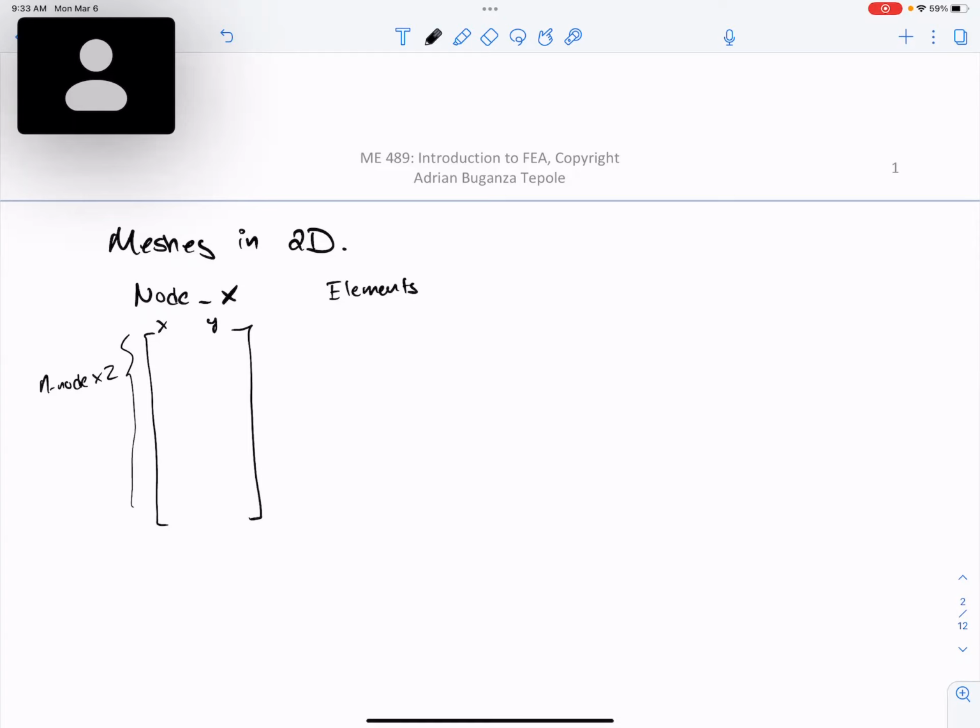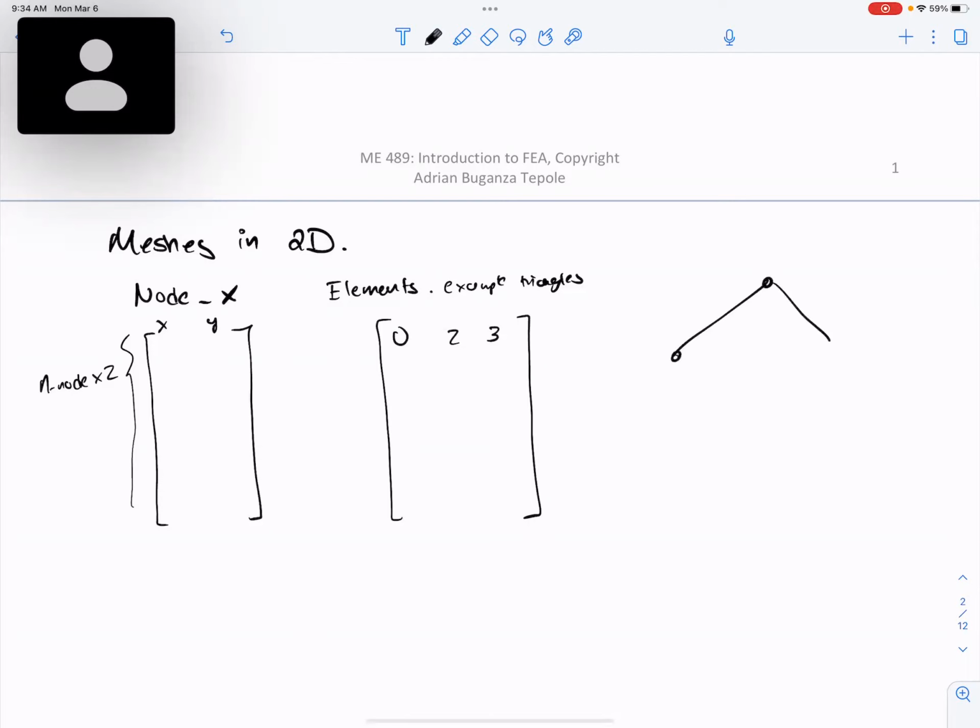That one depends on what elements you have. For example, triangles need 3 nodes. Let me draw more than one triangle.